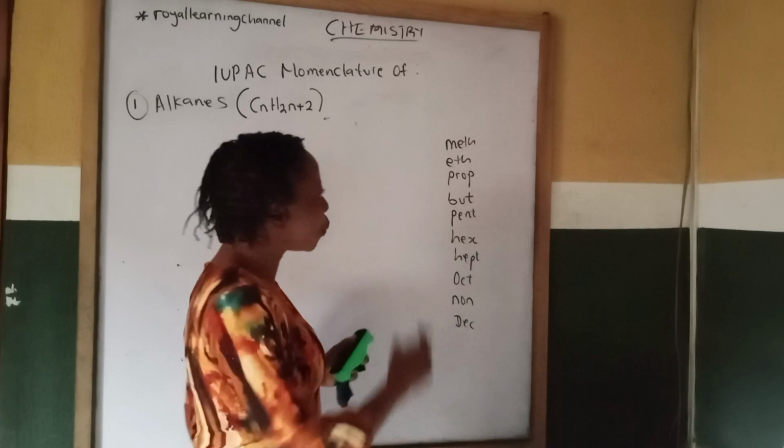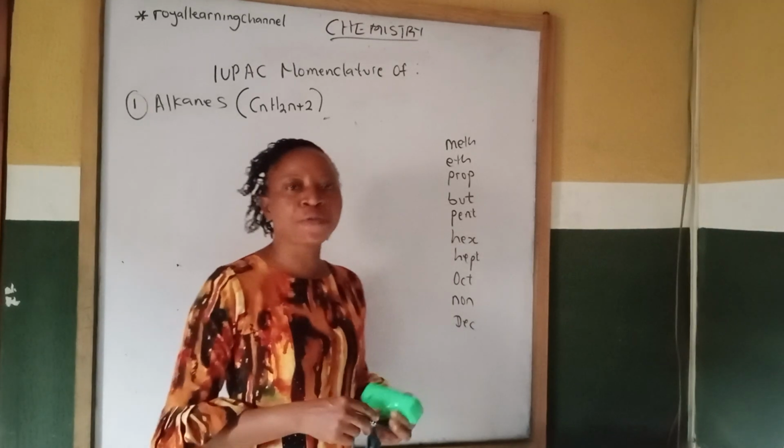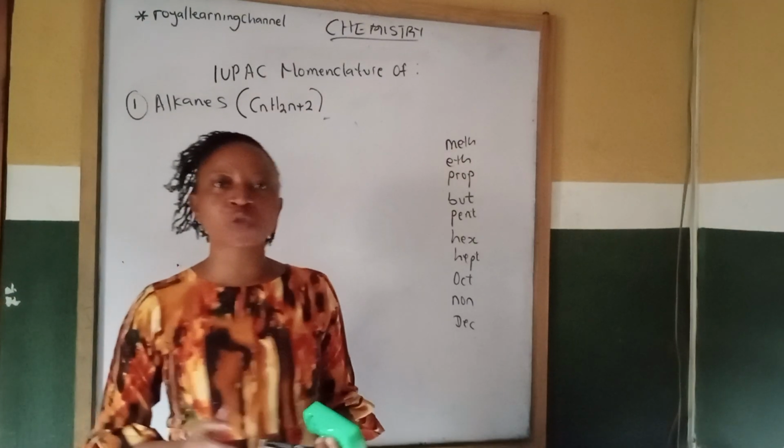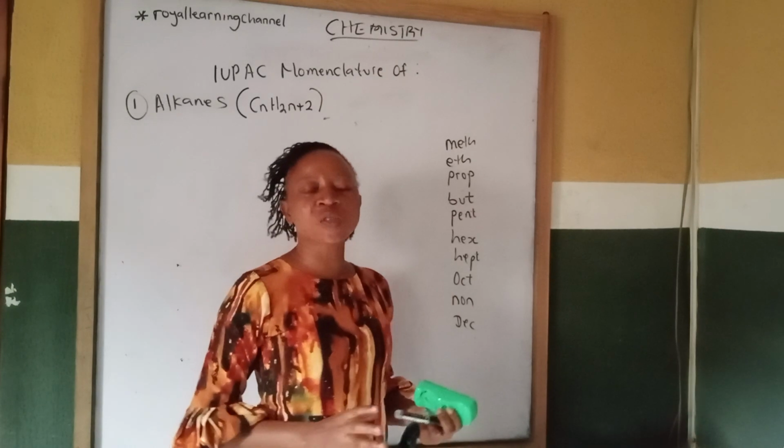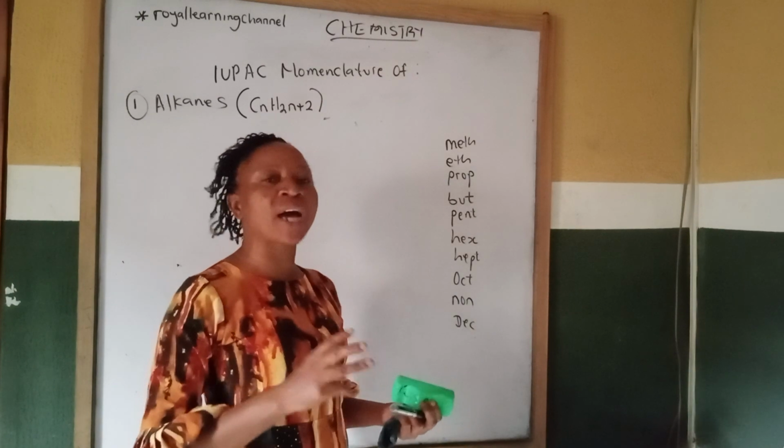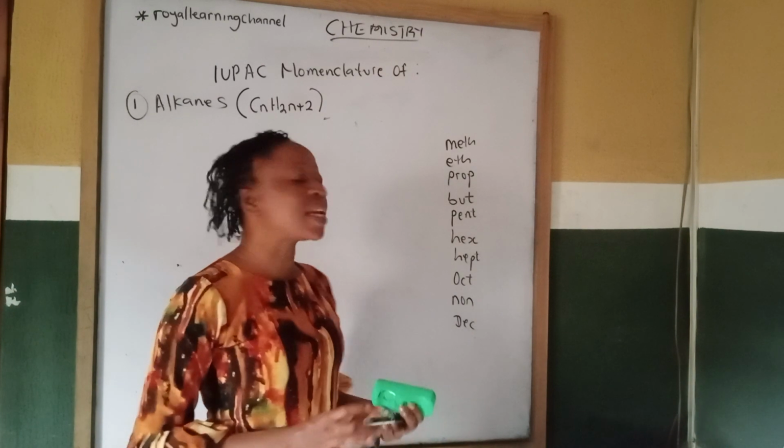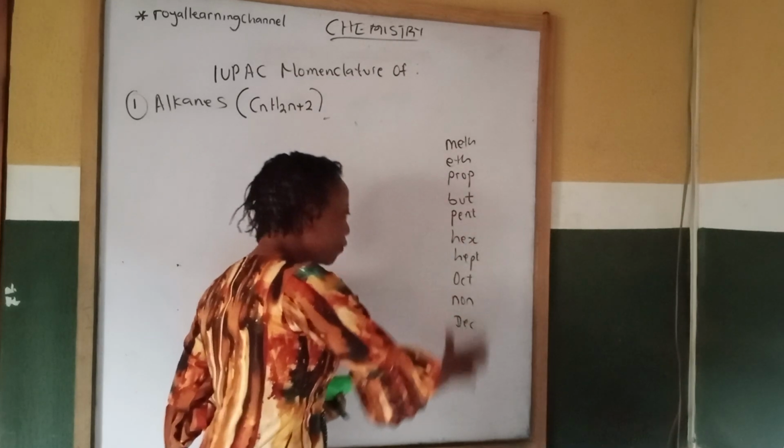So these are the prefixes for the first 10 members of hydrocarbons. That is, for the 10 members of alkane, alkene, and alkyne, they start with these prefixes.